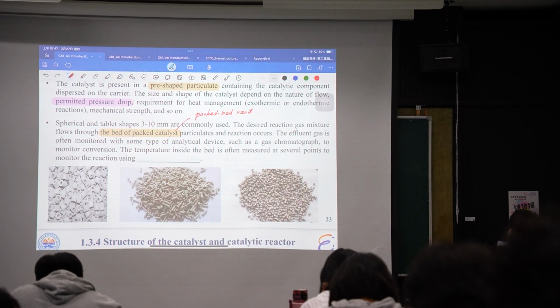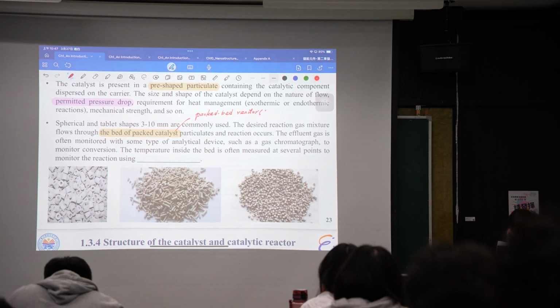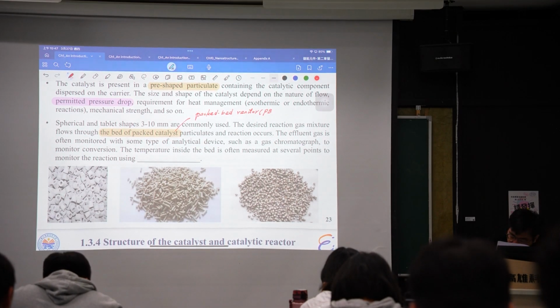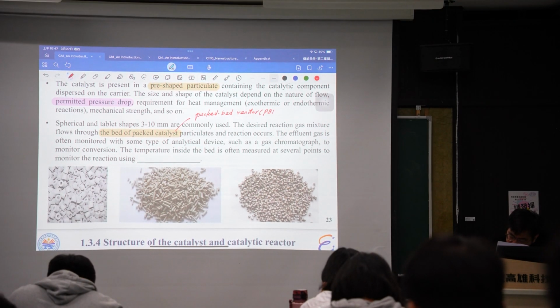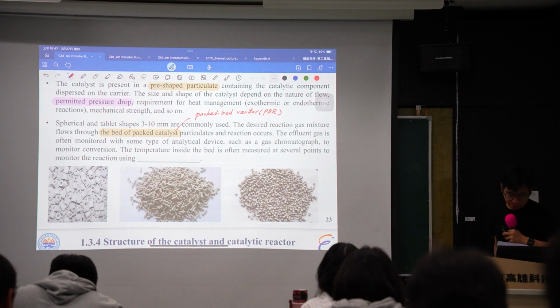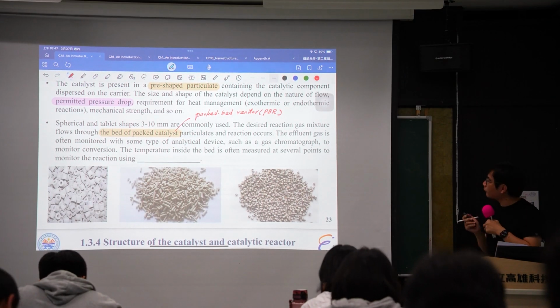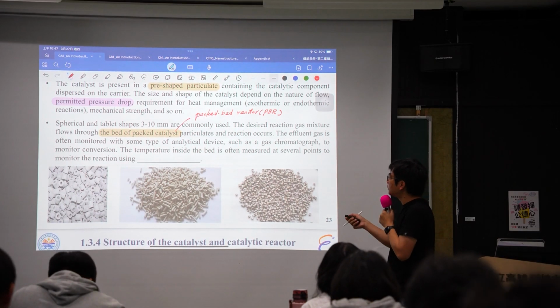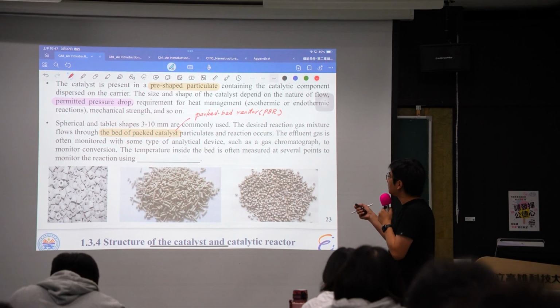Okay, we have packed bed in chemical engineering. Okay, so the gas mixture through the packed bed.